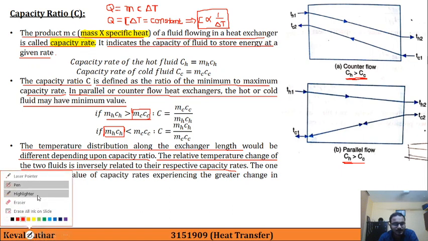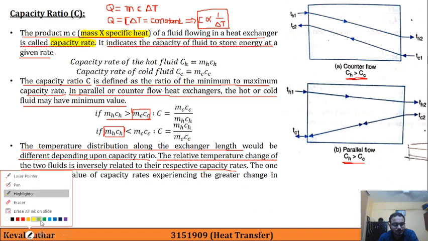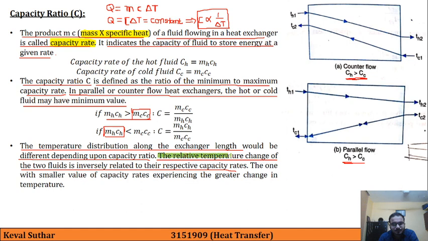So this statement is justified with this relationship. The one with a smaller value of capacity rate experiences the greater change in temperature.